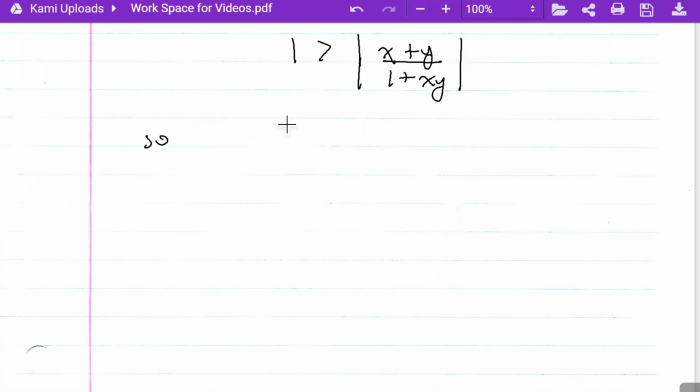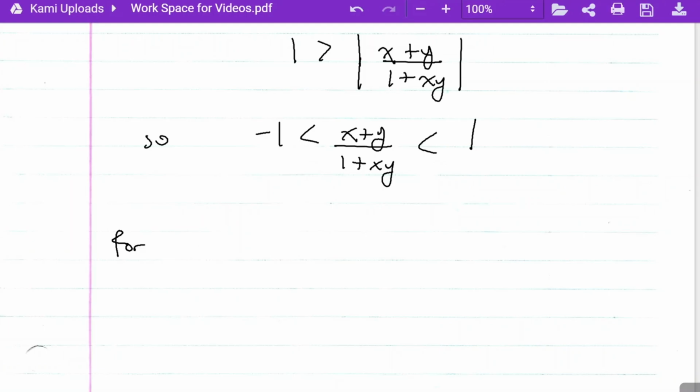So we have negative 1 less than (x plus y)/(1 plus xy) is less than 1. So what does this mean?